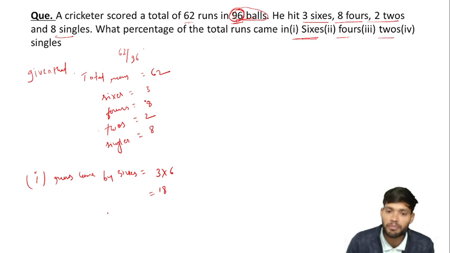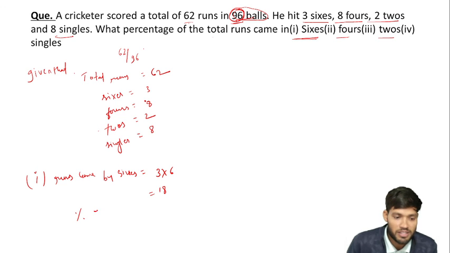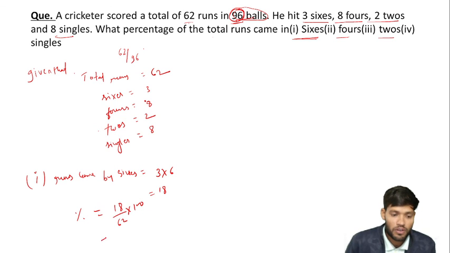So we have to calculate what percentage 18 is of 62. So percentage run by sixes is equal to 18 runs out of 62 into 100. When we solve this, it gives the percentage run obtained by the sixes.